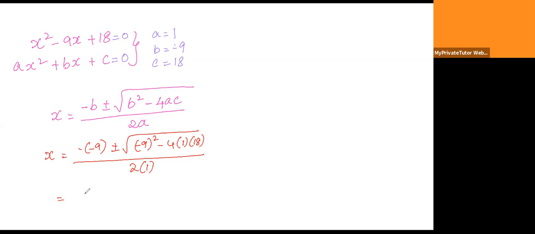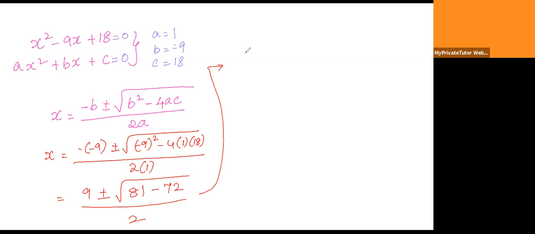Minus of minus 9 becomes plus 9, plus or minus the square root of minus 9 squared, which is 81. And what is 18 fours? 36 and 36, 72. So minus 72, guys. Okay, whole divided by 2.